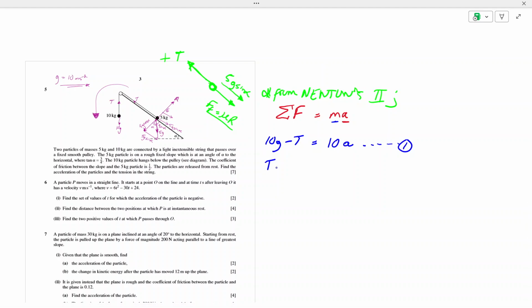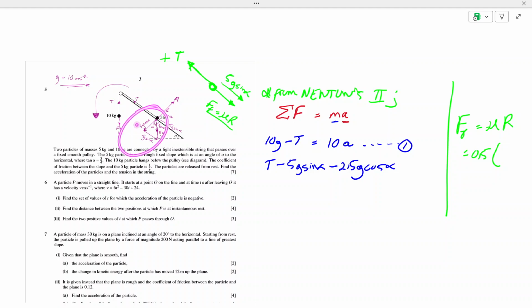So it's gonna be T minus 5g sine alpha minus 2.5g cos alpha. Recall the friction is equal to mu R, and mu is equal to 0.5, and our R right there is 5g cos alpha.